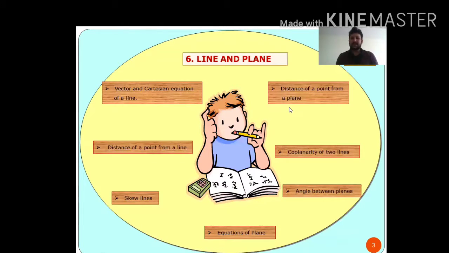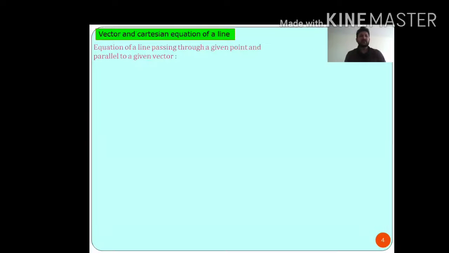Let us see in detail the vector equation and Cartesian equation of a line in three-dimensional geometry. First, the equation of a line passing through a given point and parallel to a given vector.